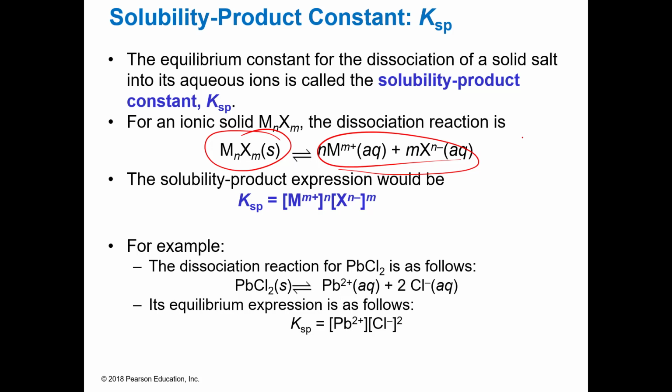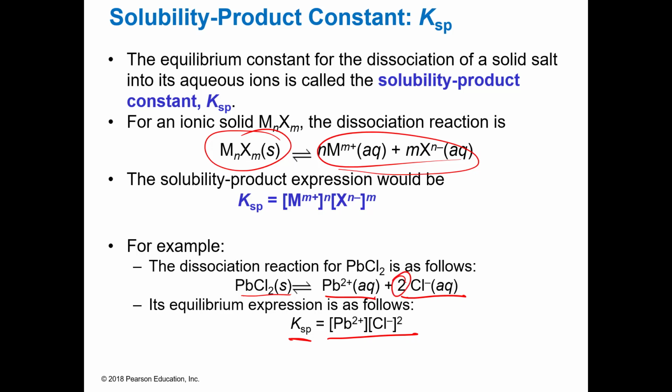Our example is lead chloride as a solid in water, which solubilizes into lead ion and 2 chloride ions. The KSP, just like we've been writing these K expressions, is the concentration of the lead times the concentration of the chloride squared.